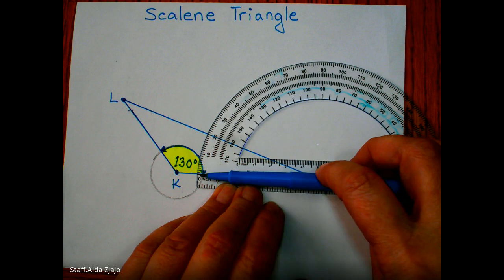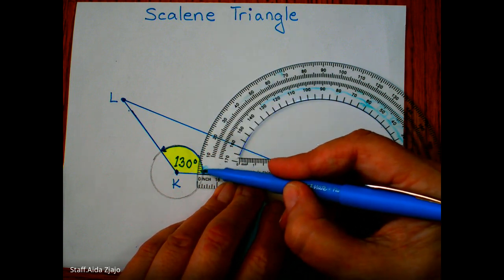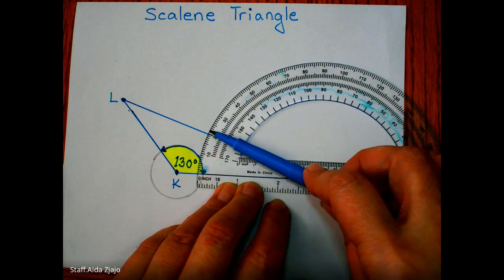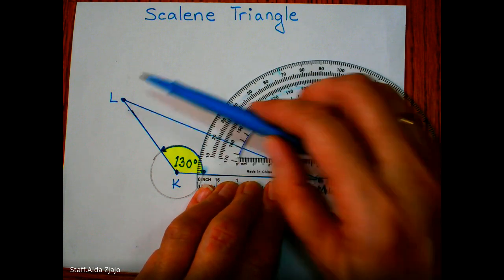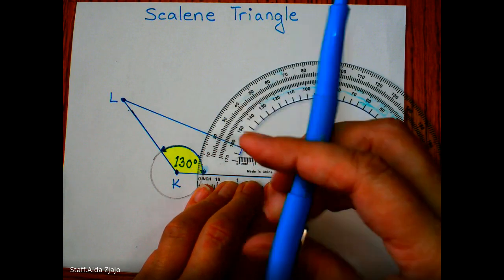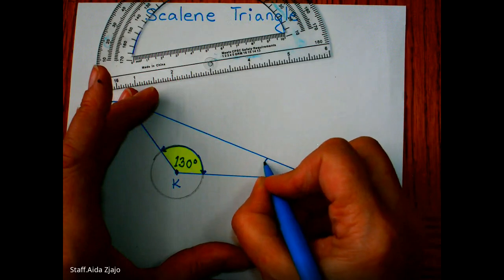And look, now it's outside the 0. 0 is right here. So I can go 0, 10, and where it meets my line ML, you can see that it is exactly 20 degrees. So this angle is 20 degrees.